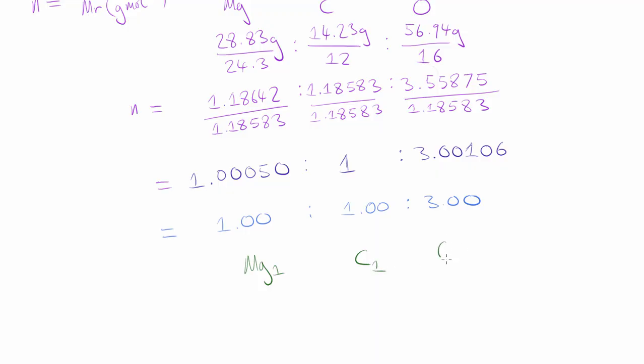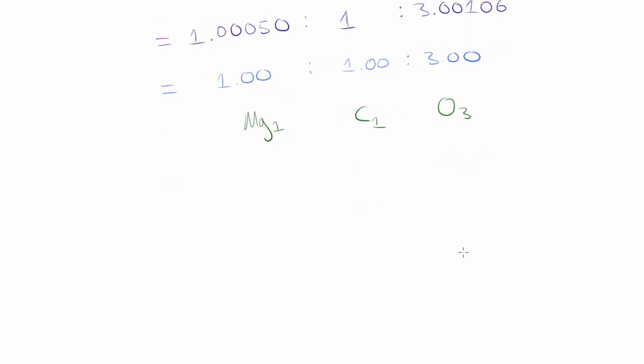And for oxygen, it would be a 3. Of course, we don't put 1s in formulas, so what this would be at the end is MgCO3. In this particular case, the empirical formula is MgCO3.